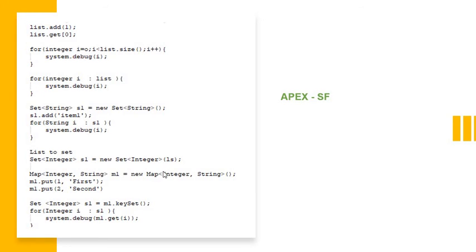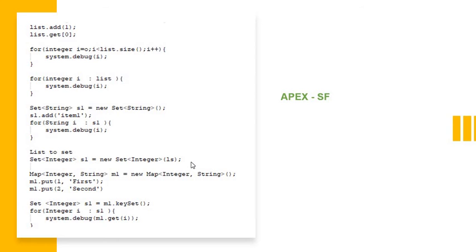Why do this? Because you might have a list with duplicate objects, and if you only want unique objects, you convert the collection of duplicate objects into a collection of unique objects this way.